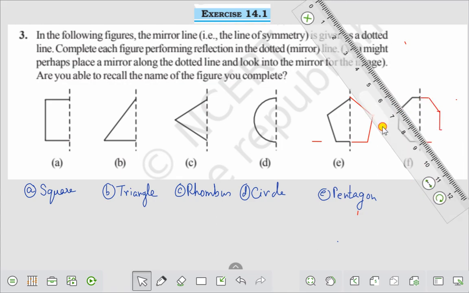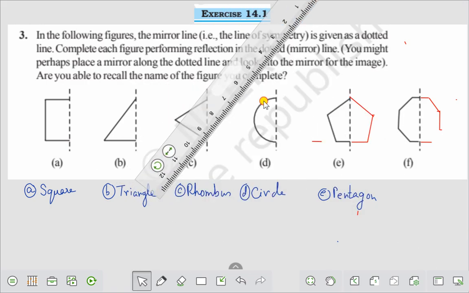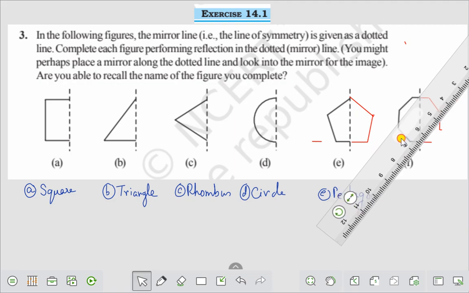Then you have to draw this line also. Like this, you can draw another line here.